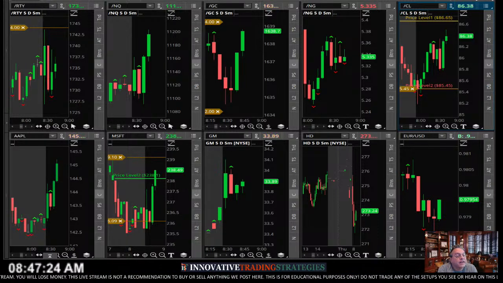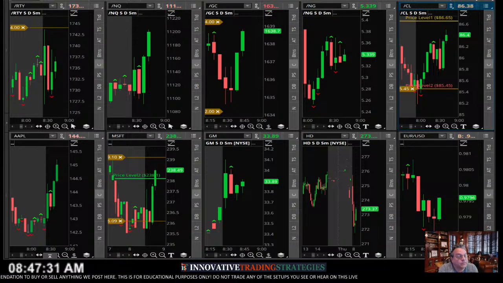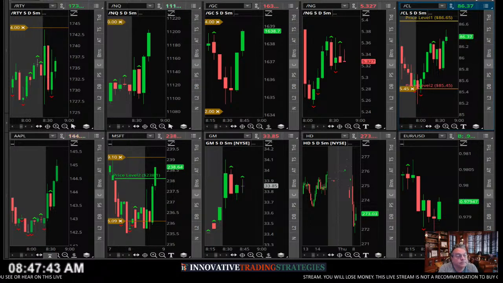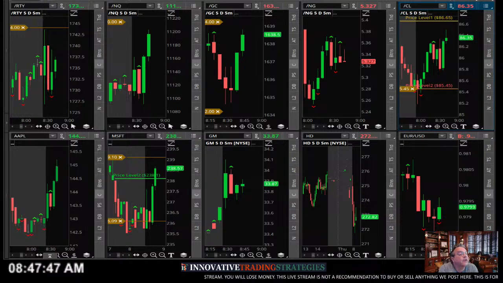Target on US Tech now is going to bring us up to 112.20. Profit target 112.20. If you need to reverse, it's going to be down here at 111.07 and a half.